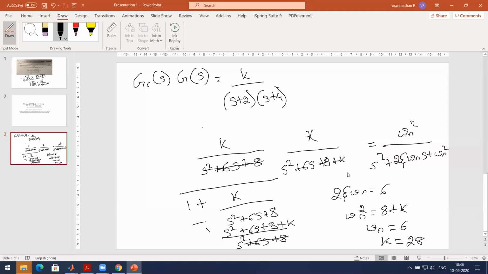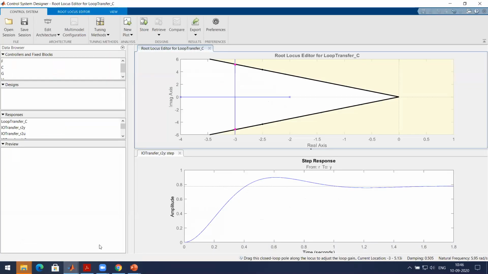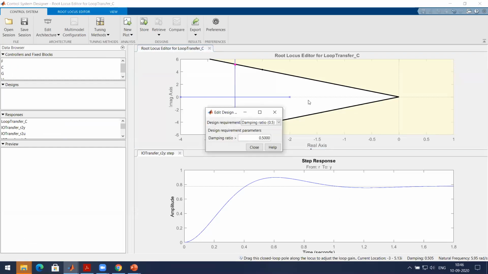So that is what you did. But when you use MATLAB, you can directly get the value of K when you put a design requirement saying the damping ratio must be equal to 0.5.